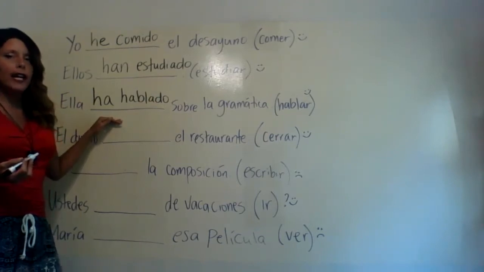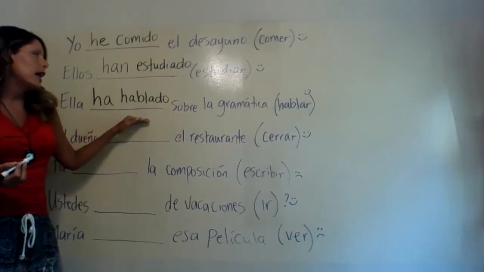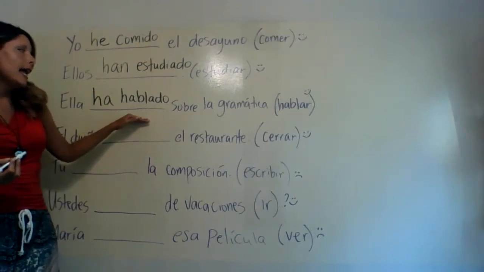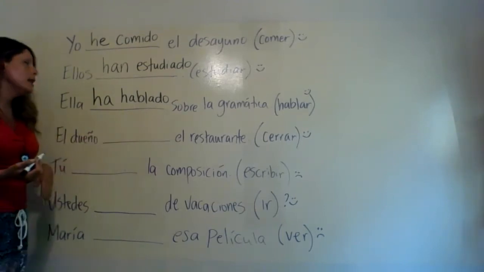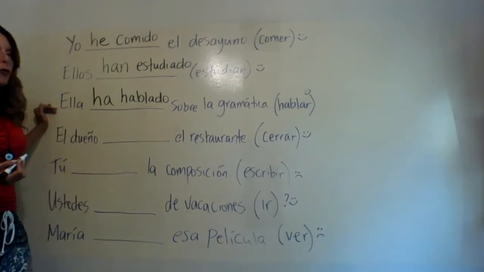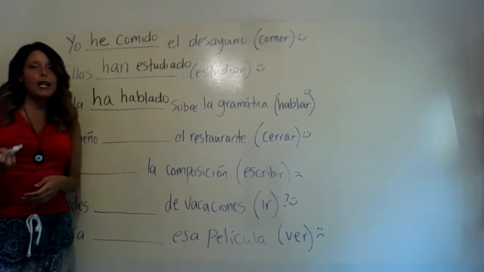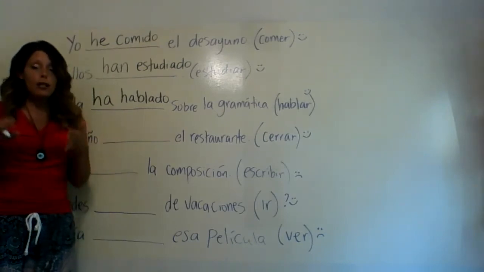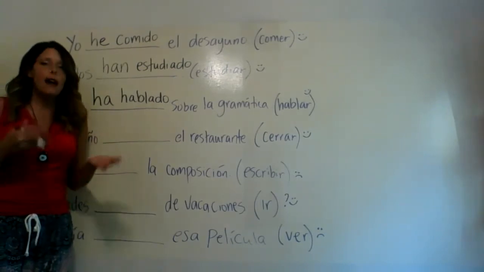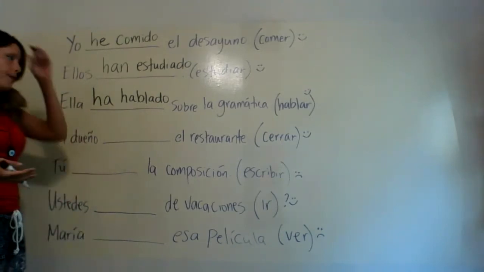Ha spelled H-A, hablado spelled H-A-B-L-A-D-O. And the whole sentence being, ella ha hablado sobre la gramática. She has talked about grammar, or she has spoken about the grammar.